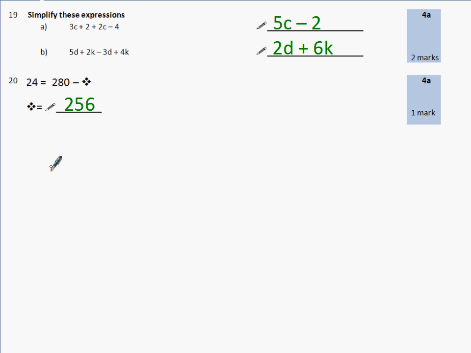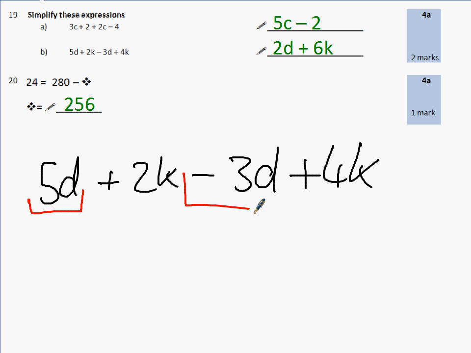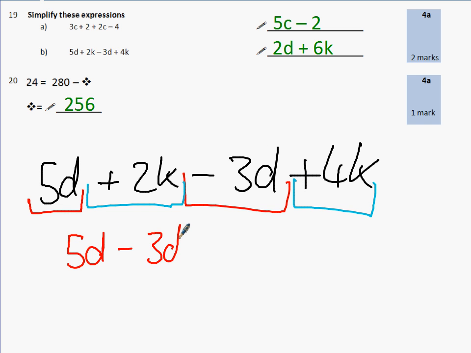And then here we've got 5d plus 2k take away 3d plus 4k. Get the d's together, take away 3d. Get the k's together and rewrite 5d take away 3d, which came from here.